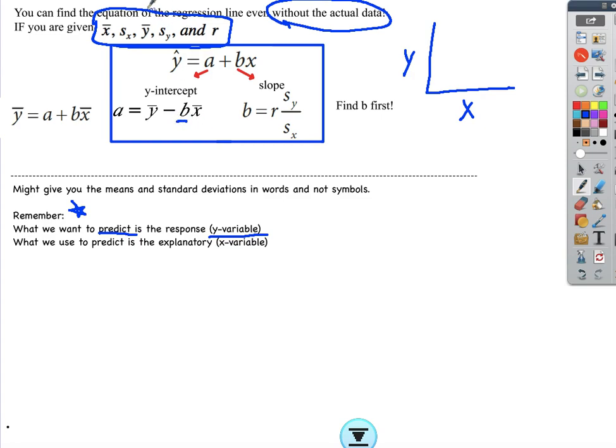I don't know if you remember, there was a problem where it was like woodchucks and beetles or something, and I think they were predicting the amount of woodchucks based on the beetles. So then you had to know that X bar and SX were dealing with beetles, and Y bar and SY were dealing with woodchucks.